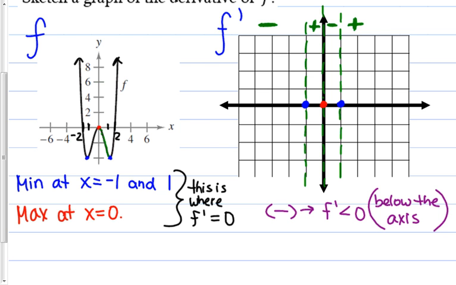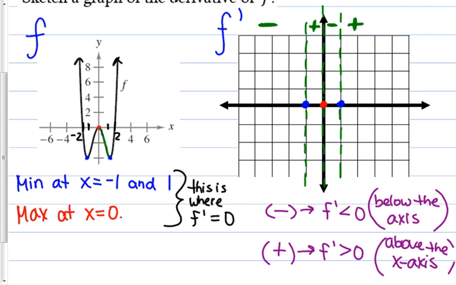And then a plus means that my derivative is greater than 0, which means that the actual graph is above the x-axis. And like I said, this is not going to be perfect. It is a sketch because I don't really know what the real y values are. But your graph should look something like this.